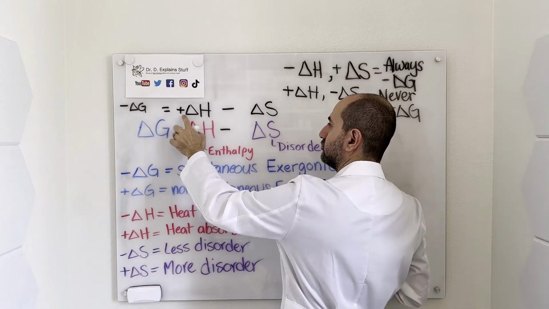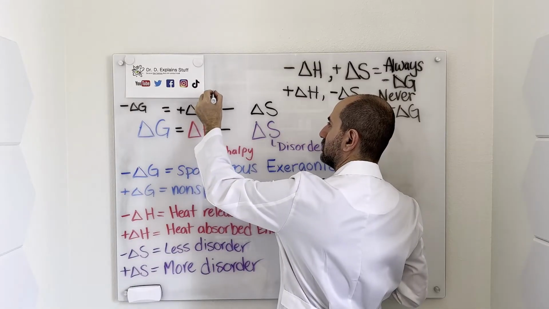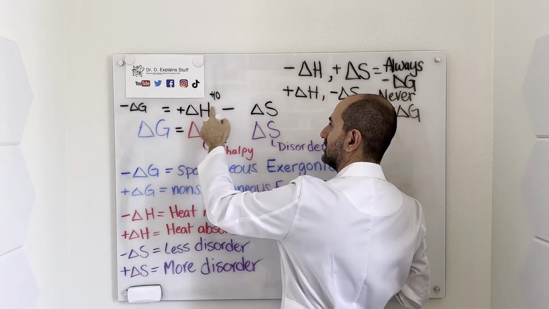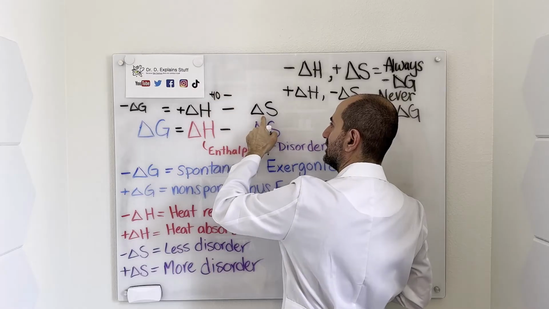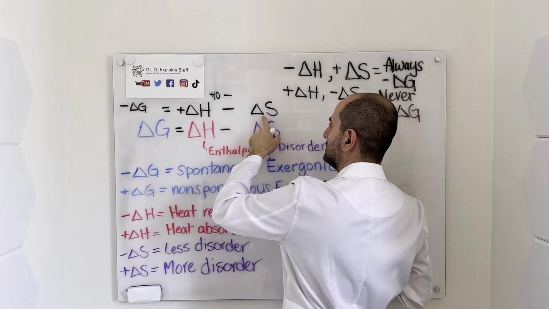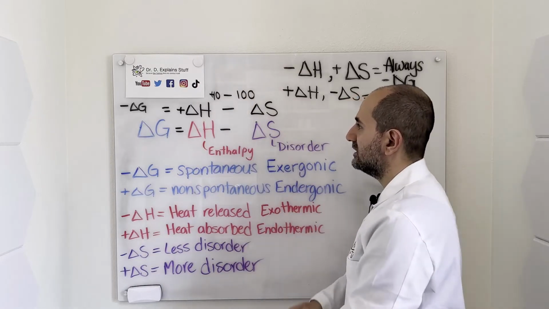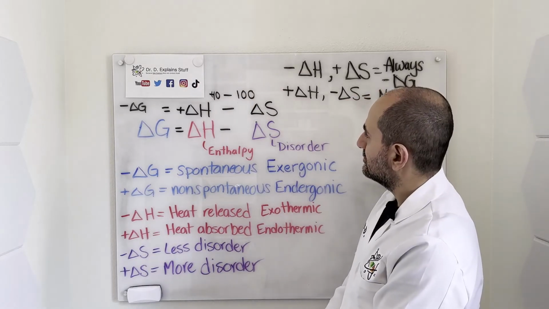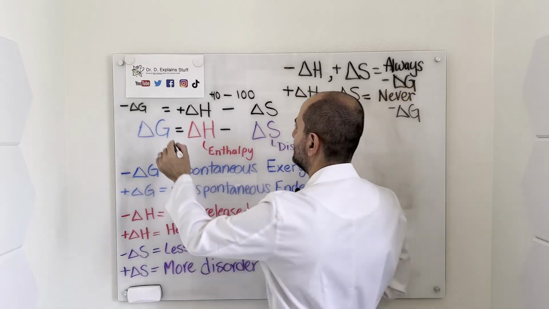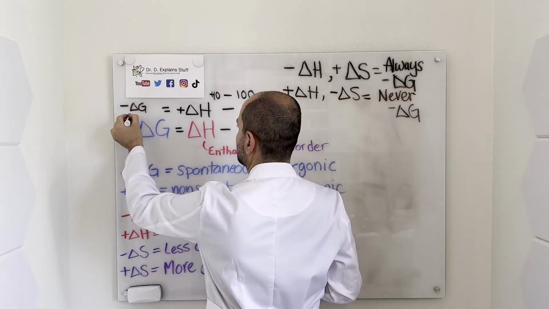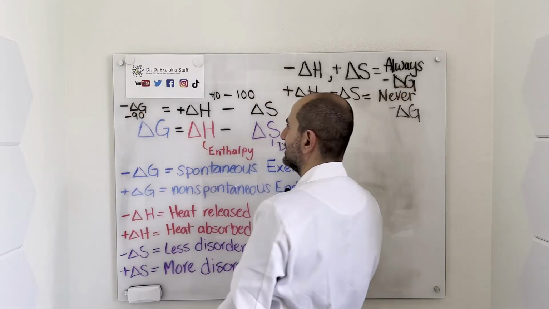What if I have plus 10? I'm just making up numbers. Plus 10 minus 100. Then what is my delta G? That's right. My delta G is a negative number, right? It's minus 90. Does that make sense?